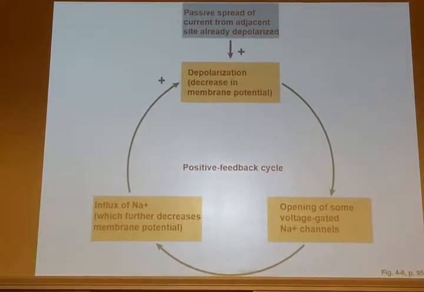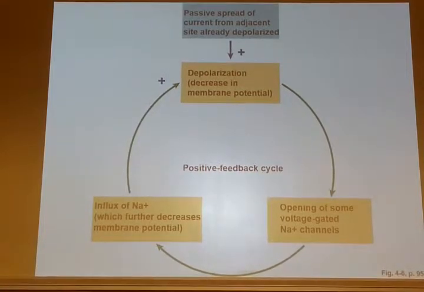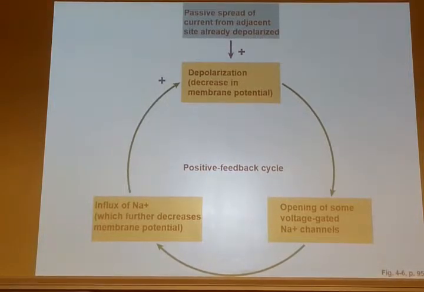Okay, so let's just write that down. So a decrease in resting membrane potential, you're actually going towards threshold. So your resting membrane potential is going in the positive direction towards 0 millivolts.